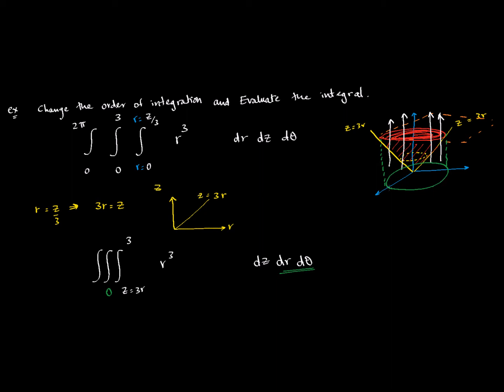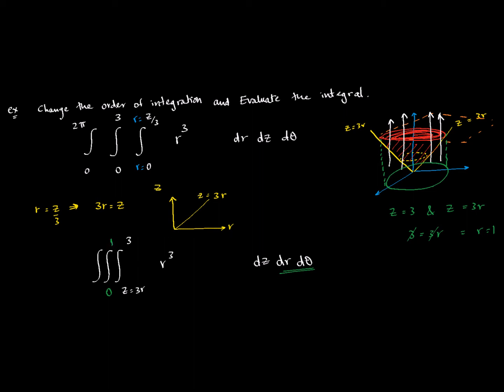Now, one way we can find the radius of this circle is to find the intersection between the cone and the plane, because this circle over here is the projection of the red circle, which is the intersection between the plane z equal to 3 and z equal to 3r. If we equate both equations, we have 3 is equal to 3r, the 3's cancel, which means that r is equal to 1. So this circle has a radius equal to 1. So the upper limit of the radius is equal to 1.